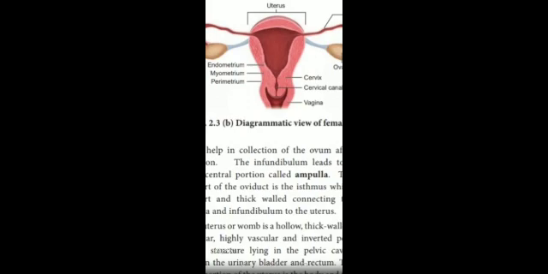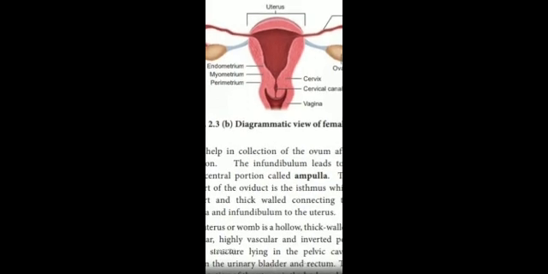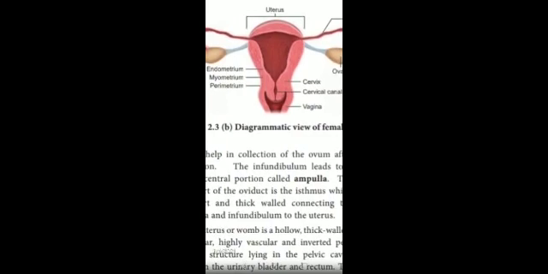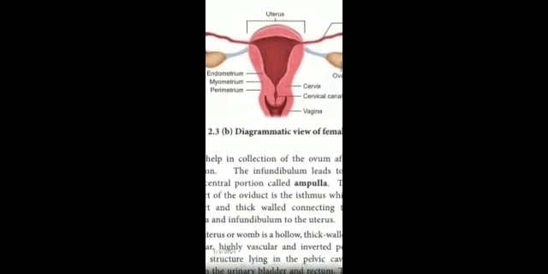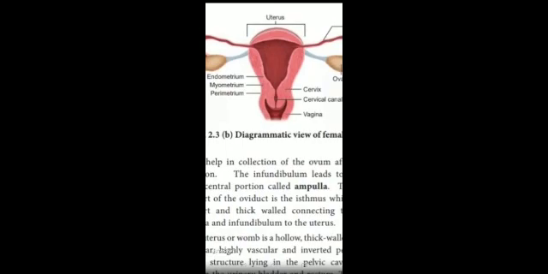The structure is lying in the pelvic cavity between the urinary bladder and rectum. Underline this sentence: the uterus is lying in the pelvic cavity between the bladder and rectum.